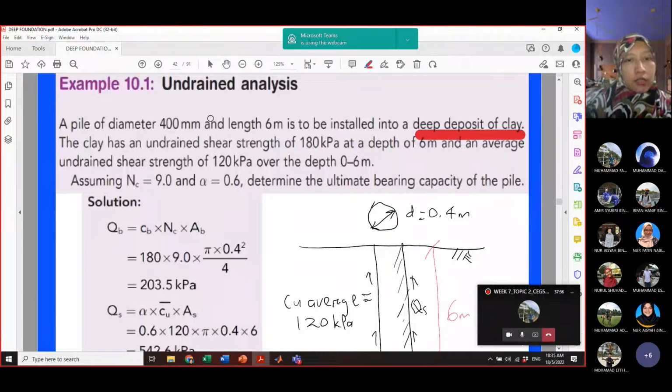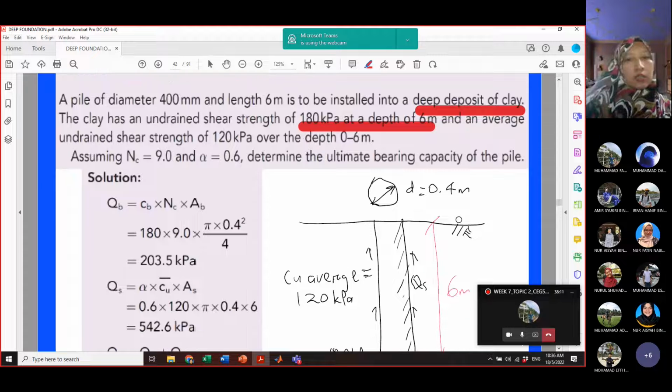So the clay has undrained shear strength of 180 kPa at the depth of 6 meter and average undrained shear strength of 120 kPa over the depth 0 to 6 meter. So kalau you nampak kat sini, you have two value of Cu. Satu Cu at the deep ataupun at the bottom. Yang mana kat sini memang dia dah mention dah. Pada kedalaman 6 meter, nilai Cu adalah 180 kPa.